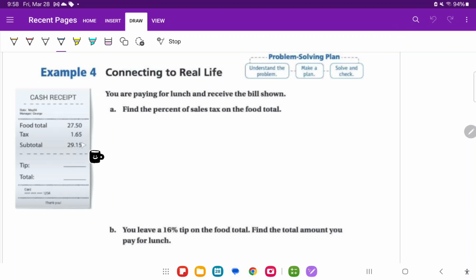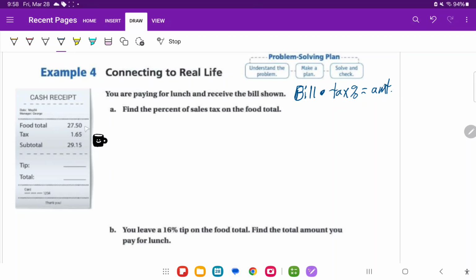Okay, so on this bill, they say, here's your total of the food that you bought. Here's the amount of tax. So to find the tax, right, you take the bill times the tax percent to get the amount of the tax, okay?